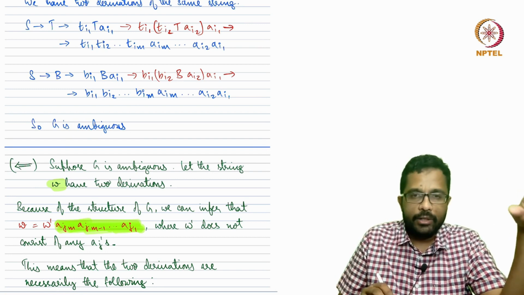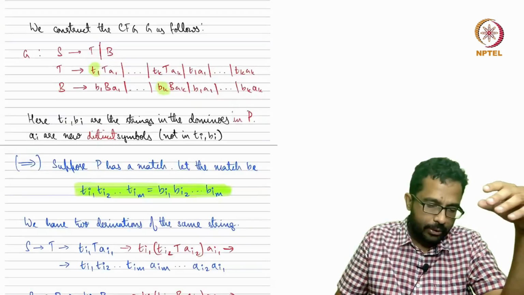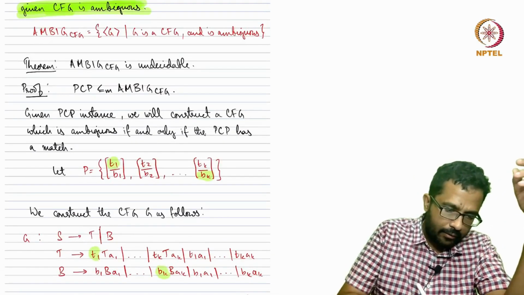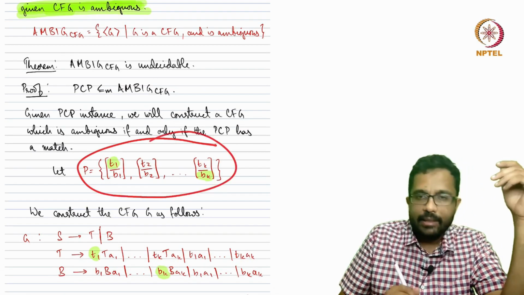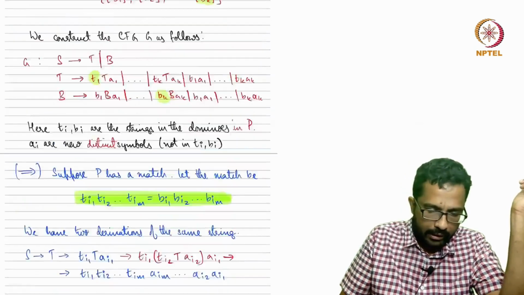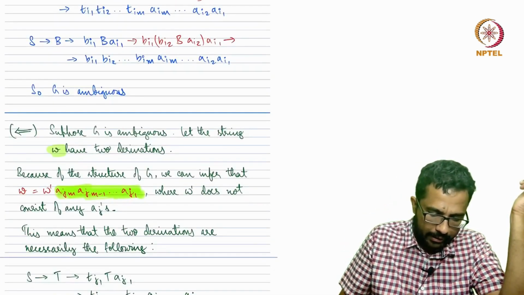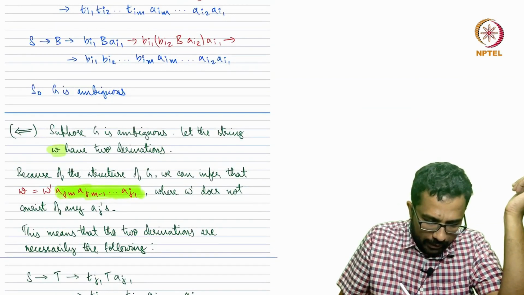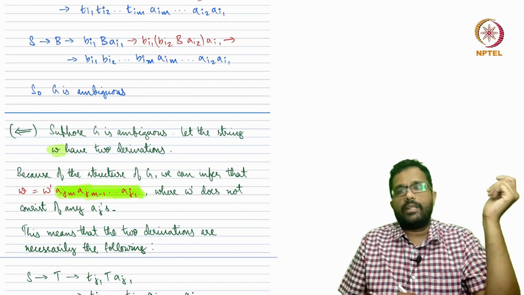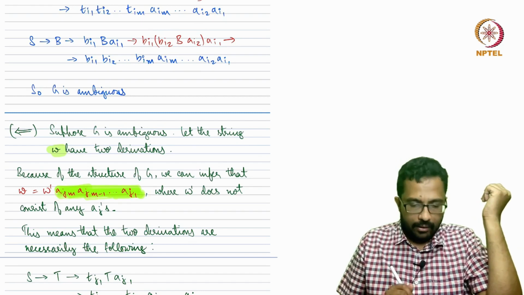It only consists of the original alphabet which was used to build these dominoes. So w prime only has the original alphabet, none of these a1, a2 up to ak, followed by this string ajm up to aj1, right?